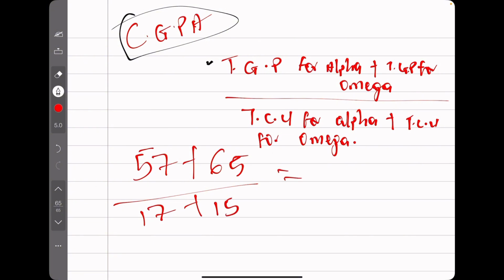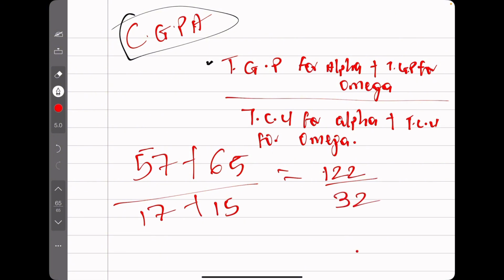So you add this up, I'm sure we are all with our calculators. So you add them, this is 122 over, also add this, 17 plus 15, 32.